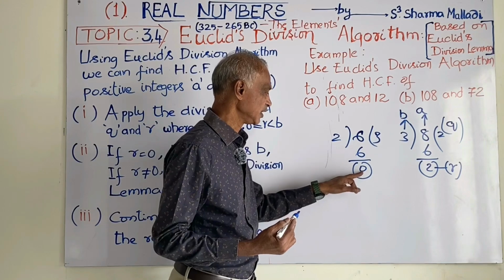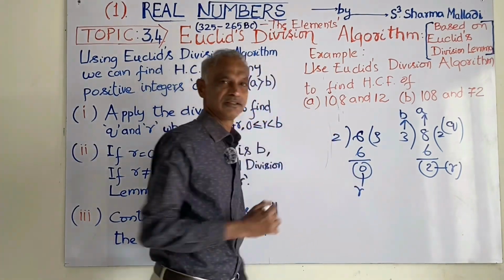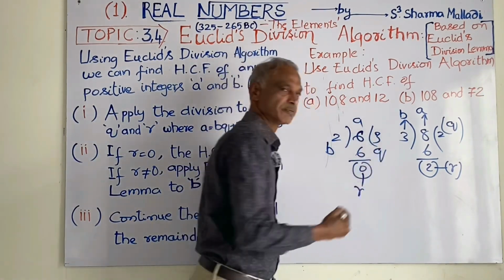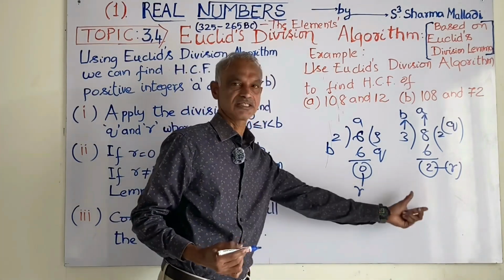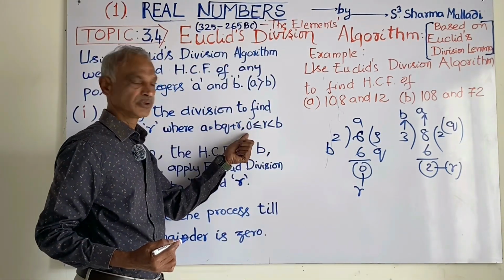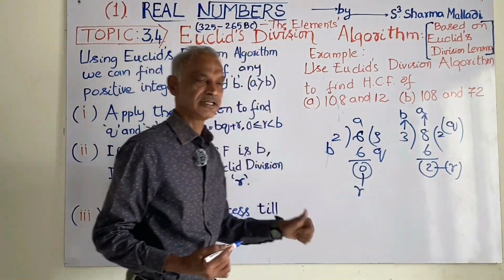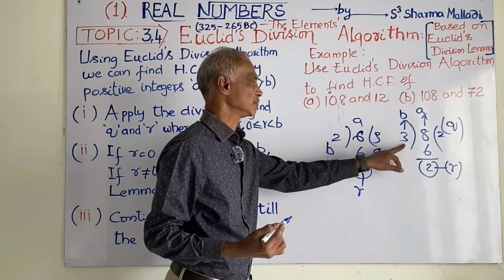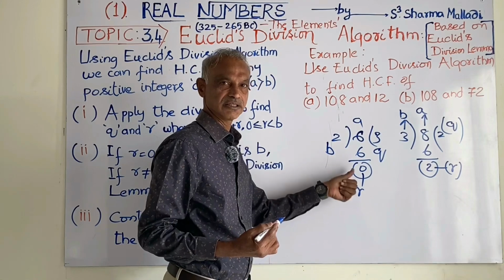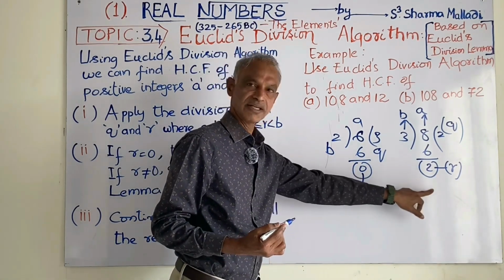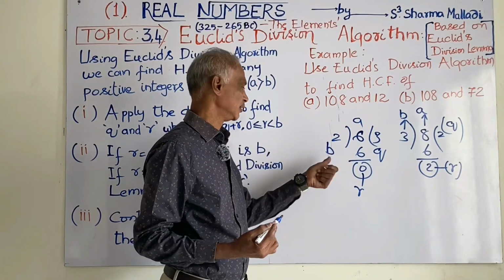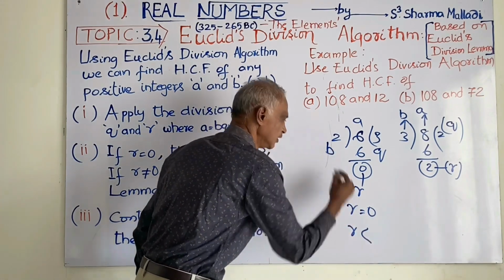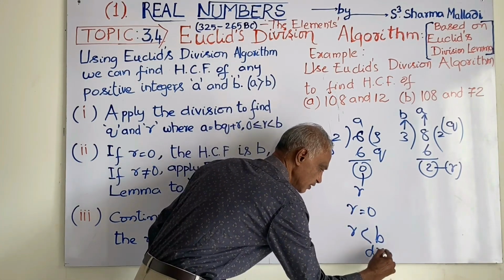This is B, this is A and this is Q. In each case the remainder is equal to 0 or greater than 0, and it should be less than B, the divisor.